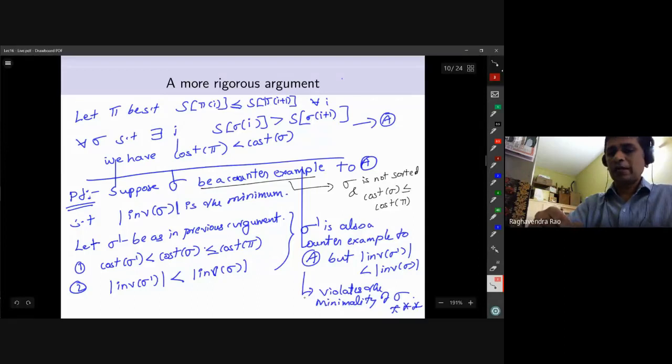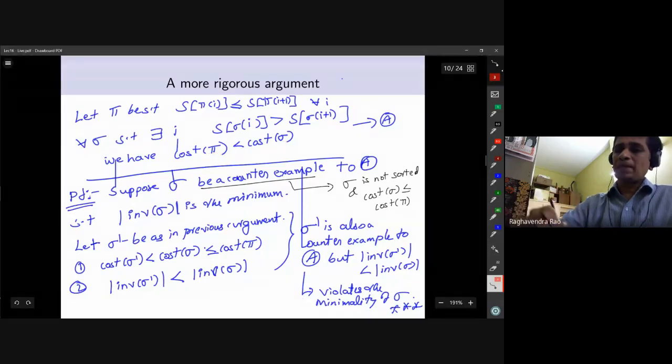With this process, you will get a sigma prime whose number of inversions is k plus 1 minus 1, which is k. So hence the statement is true, that is, cost of sigma prime is at most cost of pi. Now, by the construction, cost of sigma prime is at most cost of sigma. So hence cost of pi is at most cost of sigma. So you prove this statement.